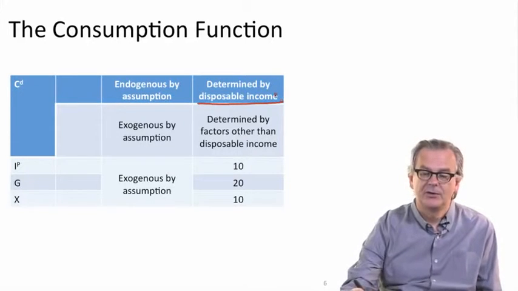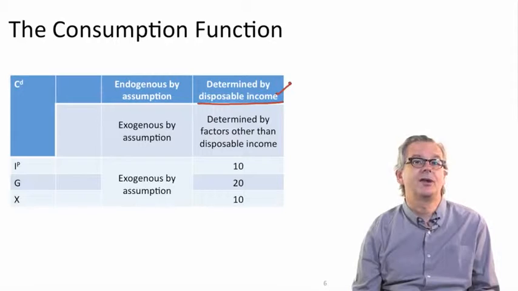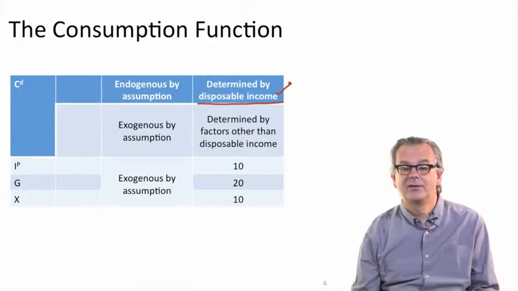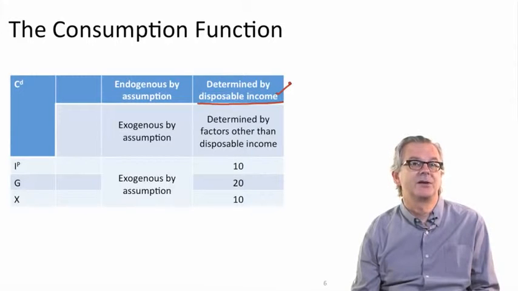And that's because the model is going to give us insight into the factors that determine aggregate income in the economy. So one important part of consumption is endogenous, because it is going to be directly affected by disposable income. Think about your own consumption behaviour. For most households, an important consideration in how much consumption can be undertaken is in fact their after-tax income.